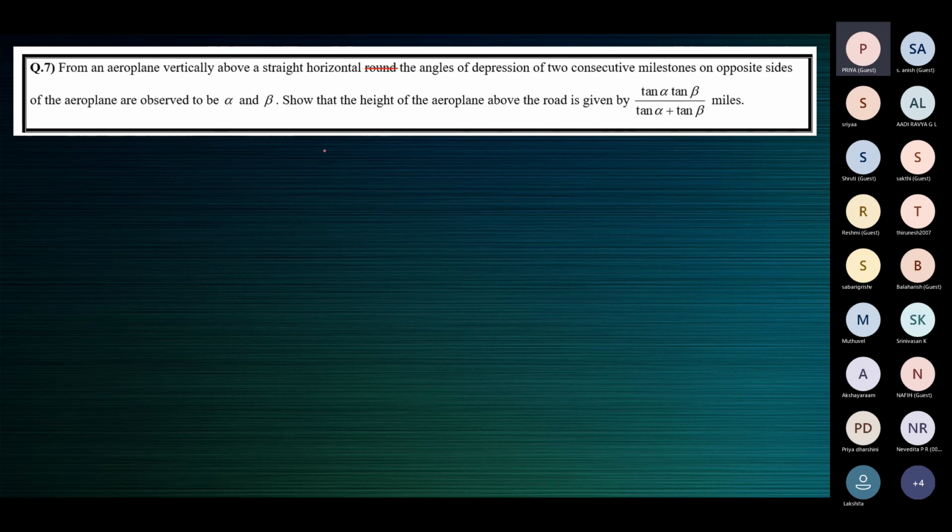Okay, so from an aeroplane, so this is the aeroplane in the sky. Vertically, where is the aeroplane? It's vertically above a straight horizontal, I guess it should be ground. So this is the vertical height of the aeroplane from the ground. This is the ground level.